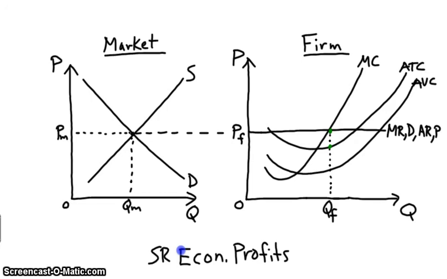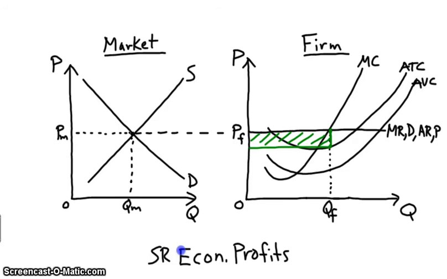So the perfectly elastic demand curve makes the top side of my rectangle for the area of economic profit. I draw another line parallel to that, corresponding to average total cost at QF, and then a little vertical line, and I just shade this area, and those are the representation of short-run economic profits earned by the firm.